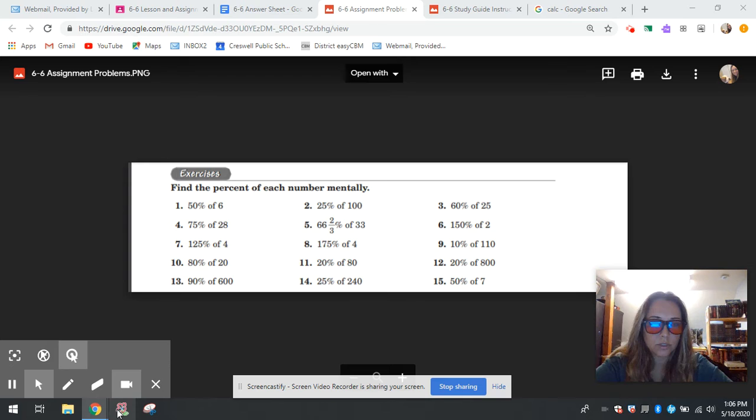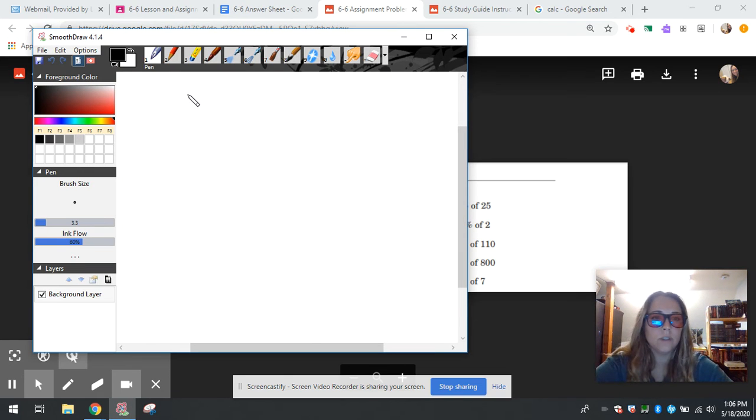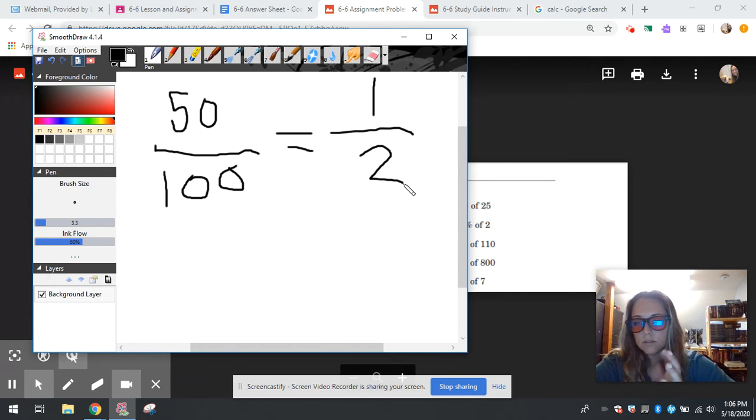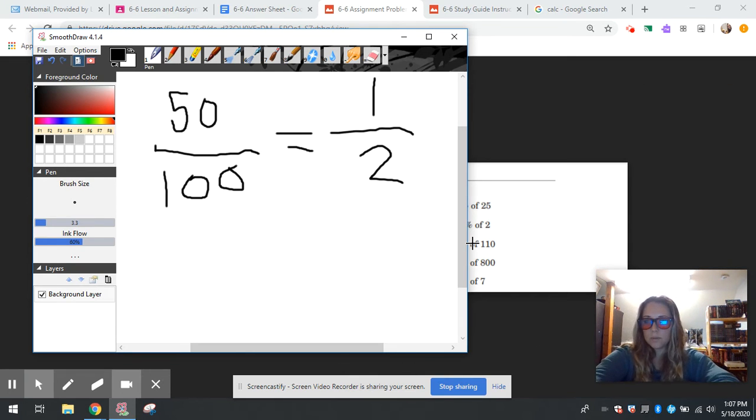I'll show you a fraction conversion really quickly if you want. 50 out of 100 is equal to half. And so I'm doing what the instructions said, where it's easier for me to think about converting it into a fraction and then applying that concept to figuring out what 50% of a number is, thinking of half the number.